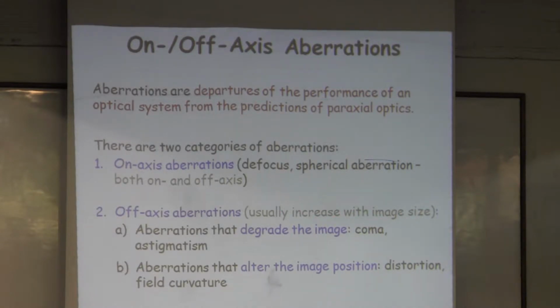So that's it. So some of you have glasses. So if you're suffering from coma or astigmatism, then if you go out at night, is your vision getting better or worse?